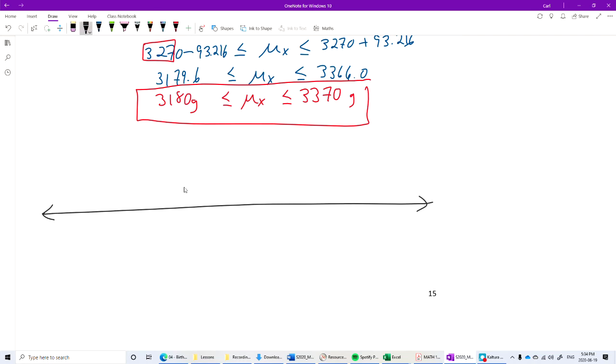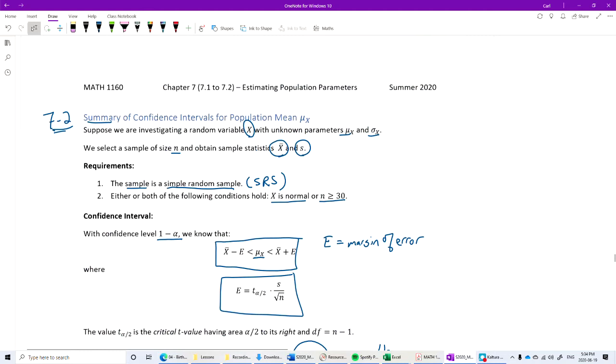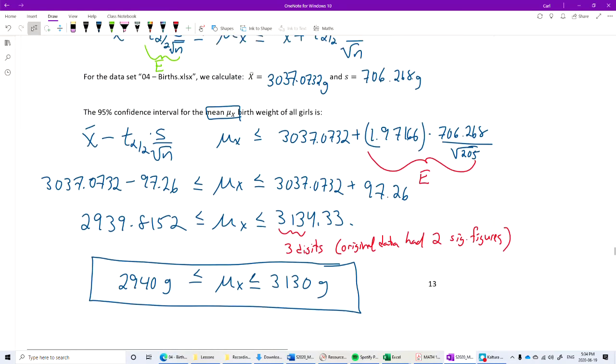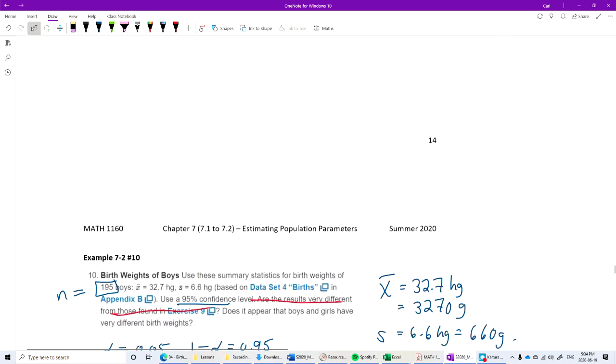Let's just put it 3180 up to 3370. That's the interval for boys. What was the interval for girls? Let's go back and get that one. We did that before. 2940, 3130.